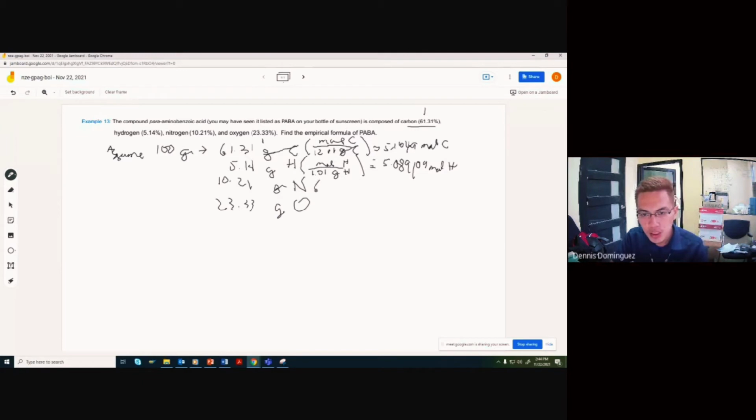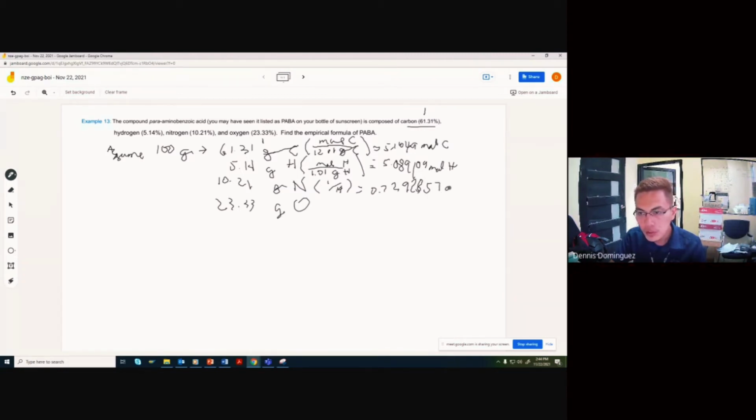For nitrogen, we multiply by 1/14. The unit is mole per gram, or gram per mole. So 10.21 divided by 14 is around 0.7292857.